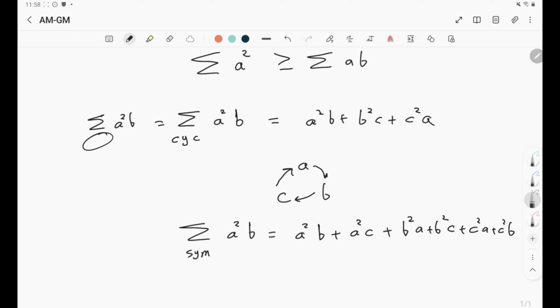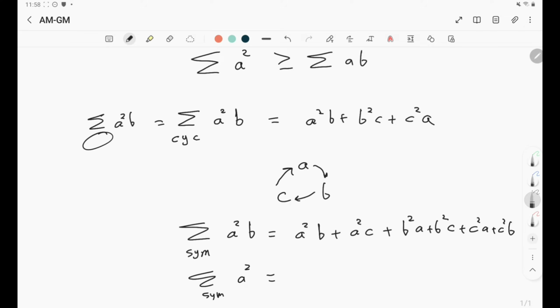But if I write symmetric, then of course I need to specify it's symmetric so that you understand what's happening. And also another thing, if I wrote sigma symmetric a square, then you should be careful because this is not just a square plus b square plus c square. Actually, it is a square plus a square.